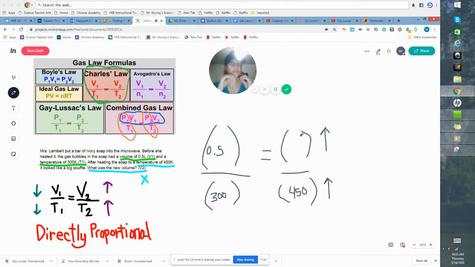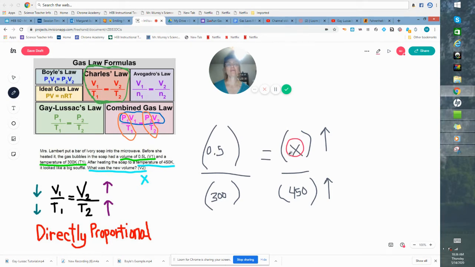Again, we're just talking through it. I know the relationship. I'm guesstimating what I think it should be. And now I'm going to actually do the math, which will save you. We've talked about that in real life. If you want to go ahead and just jump in and cross multiply, go ahead. I'm going to do what I taught for Gay-Lussac.